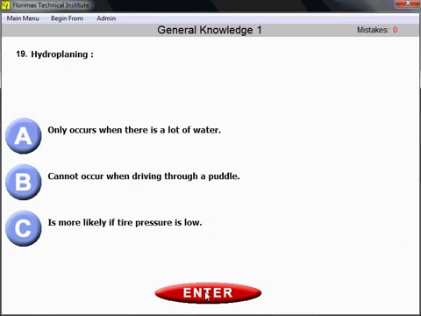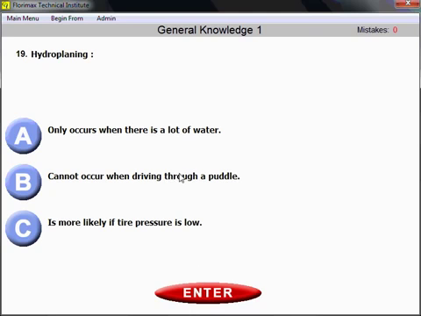Very short question, number 19. Hydroplaning. You are asked what the hydroplaning is associated with. And the hydroplaning is a special phenomenon which is characteristic for southern states, for example, when the road is smooth and during the rain, the road surface is covered with a very thin film of water, and you start actually planing.